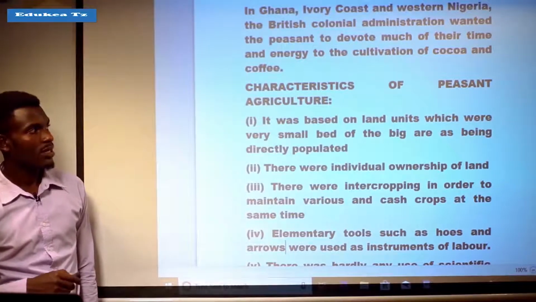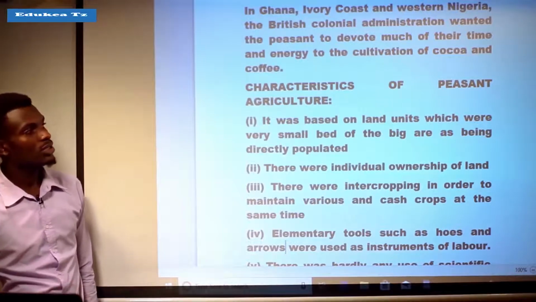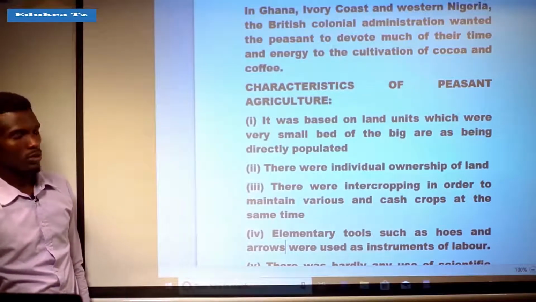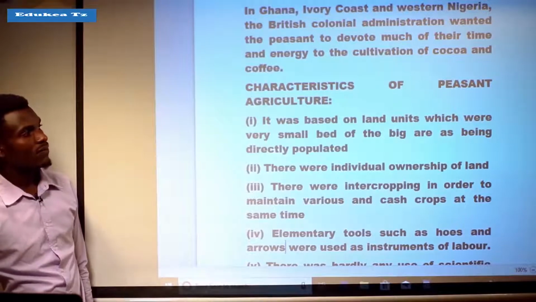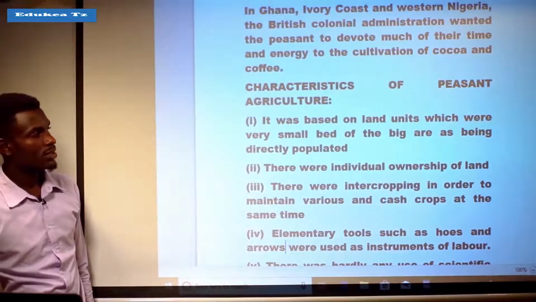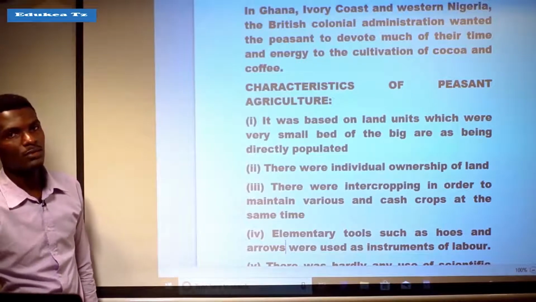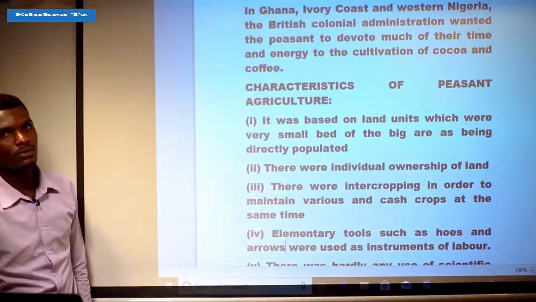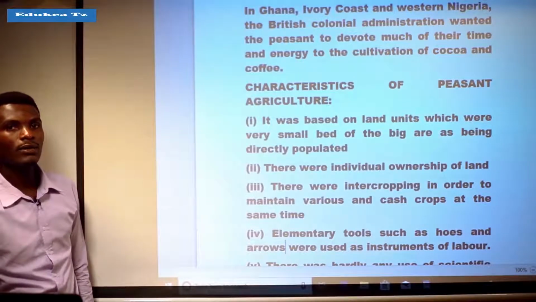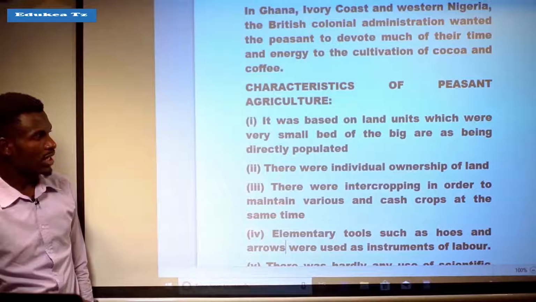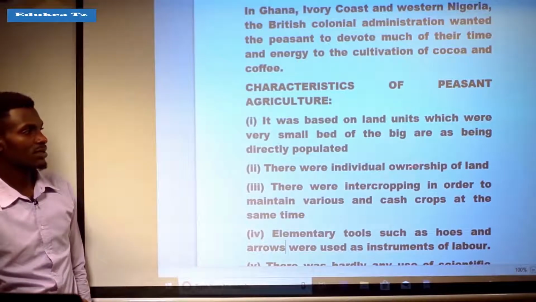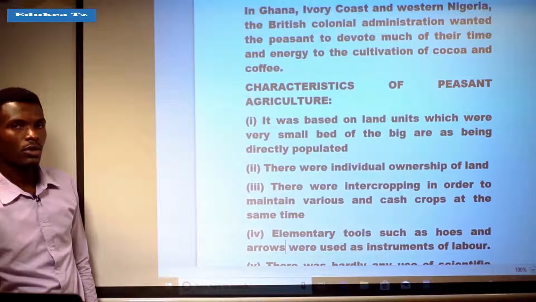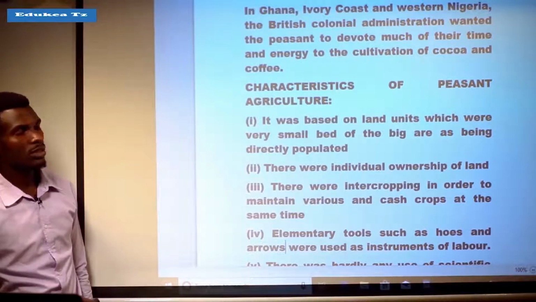It means that peasant agriculture was done in small areas, or land units which were very small and highly populated. Another was individual ownership of land, in areas where peasant agriculture was established.